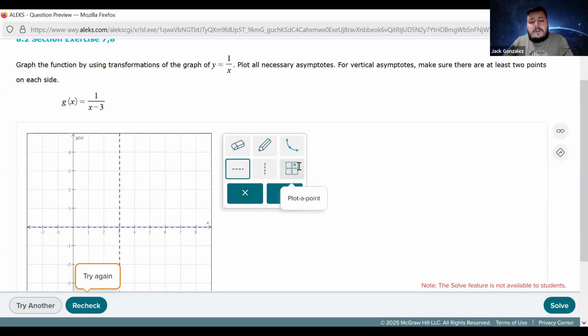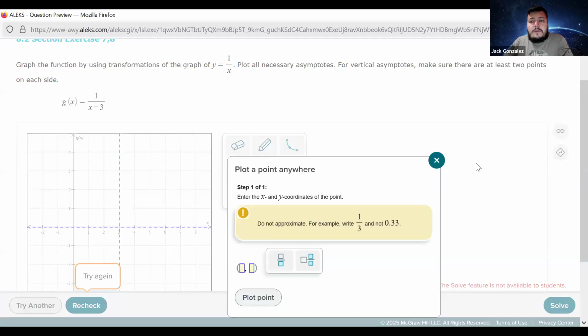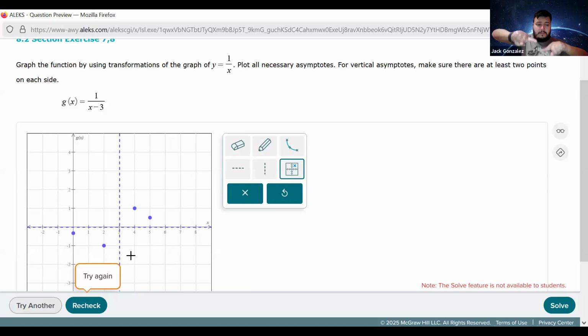After you do those two, then you do the points. Okay, so now it'll be guided by both asymptotes. There we go.